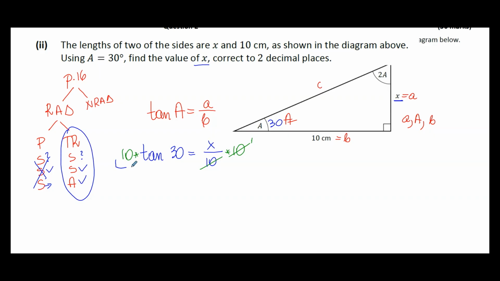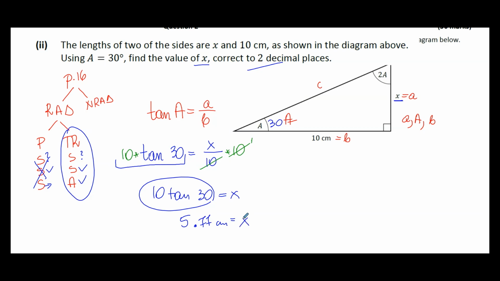Therefore, on this side of the equation, we have 10 multiplied by tan of 30, and that equals x on the other side. Let me just write it down to make sure. How do we find x? We put that in the calculator. We press equal, and to 2 decimal places, we should get 5.77 centimeters. That's my value of x.